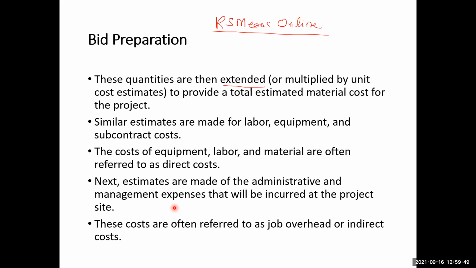So therefore, we will differentiate between these types of costs. Those which are related with certain activities, we will call them the direct cost, and those which are related overall on the project will be called the job overhead or the indirect costs. So we need to distinguish or identify these costs in the bidding process.